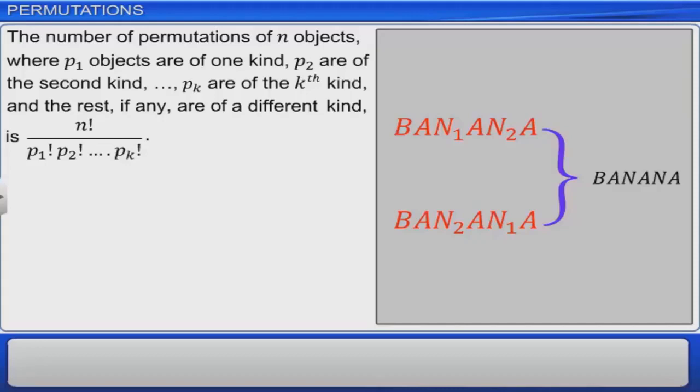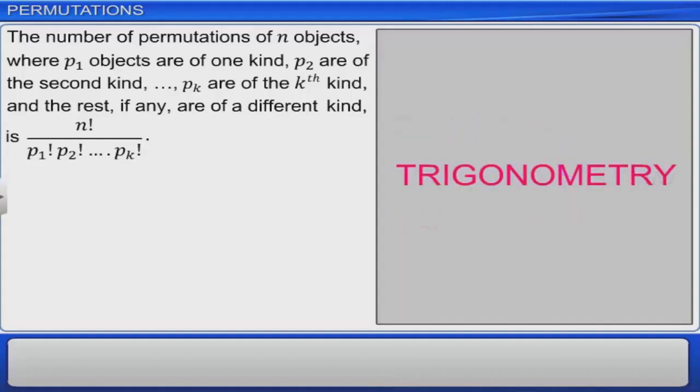Using the theorem, we will find the number of possible permutations with the letters of the word trigonometry. In the word trigonometry, the letters T, R, and O each repeat twice. We will denote them with pT, pR, and pO respectively. The total number of letters is equal to 12. This implies n is equal to 12.